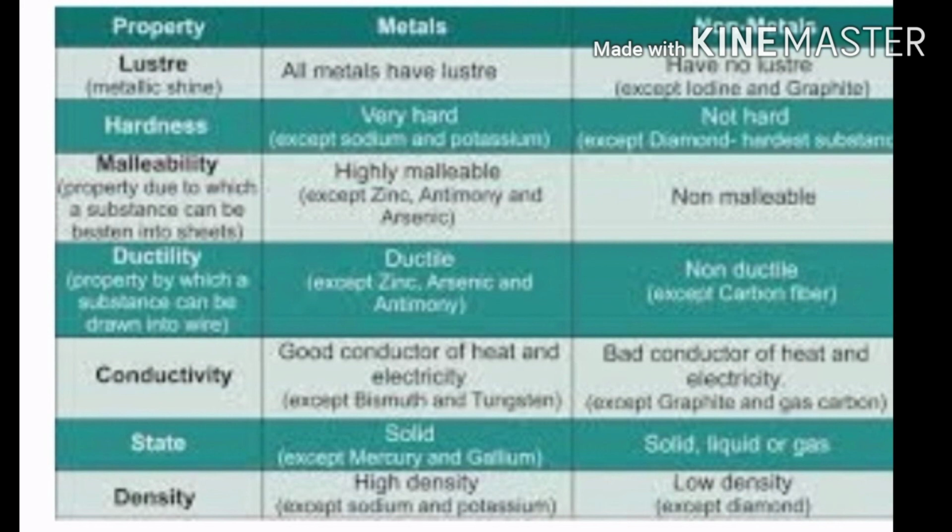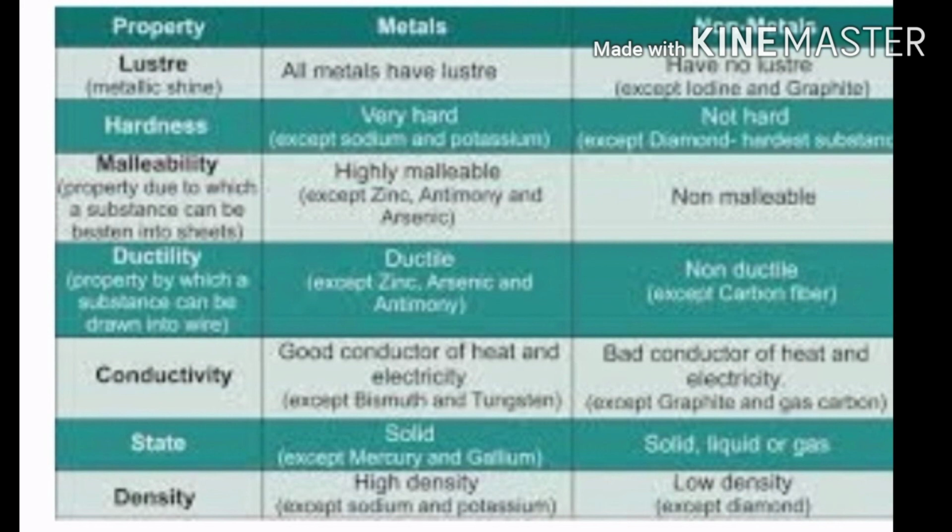Non-metals are not hard except diamond, which is the hardest substance known. Malleability, the property due to which a substance can be beaten into sheets. Metals are highly malleable except zinc, antimony, and arsenic, while non-metals are non-malleable.